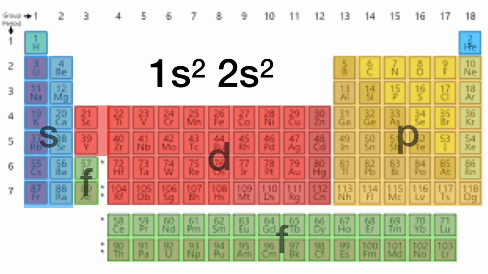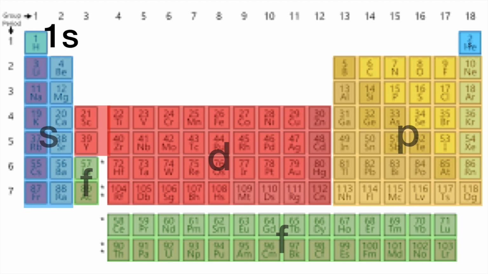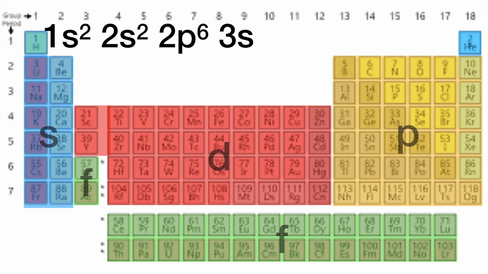Now let's go back to iron. Iron is 1s2, 2s2, and then go into the p block. 2p, because that's the group it's in, and then 6, and then 3s2, because that's the next row. 3p6, 4s2, and then the last part.